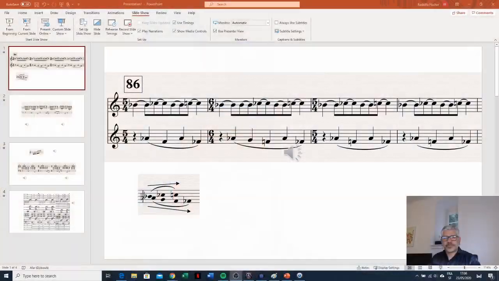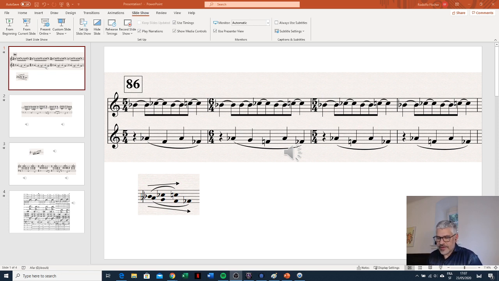So we're going to start with a place I absolutely adore of this piece, which is number 86. So please open your scores. I hope you can see this well.